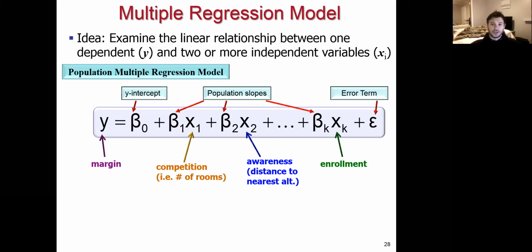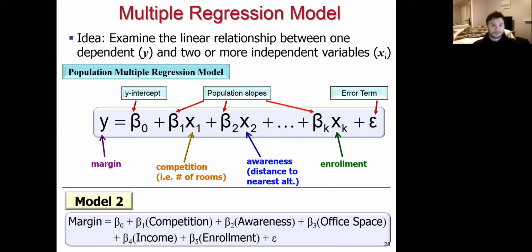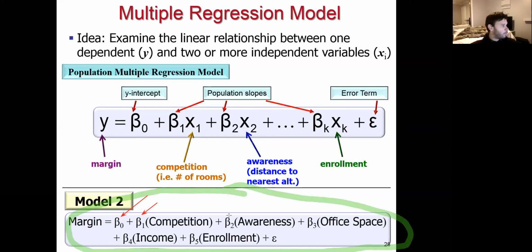The model is going to look something like this. This is what we want to be able to estimate. We want to figure out all of these different coefficients, all these different parameters that would describe each of these different effects. So that is the goal.